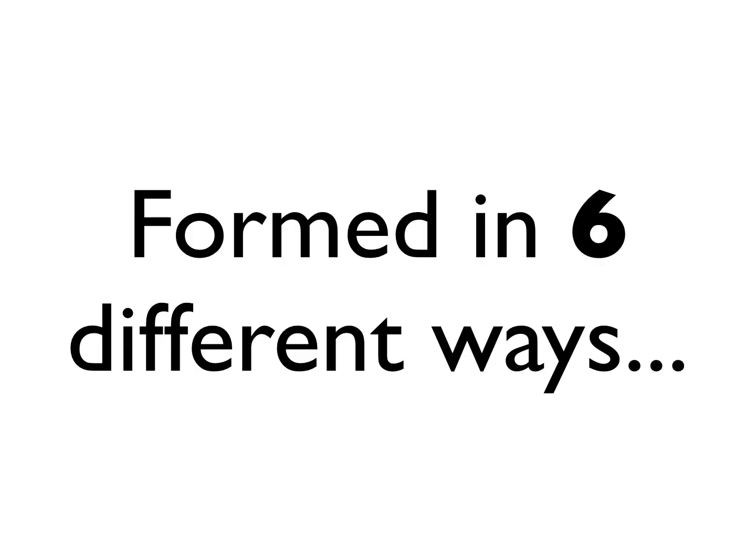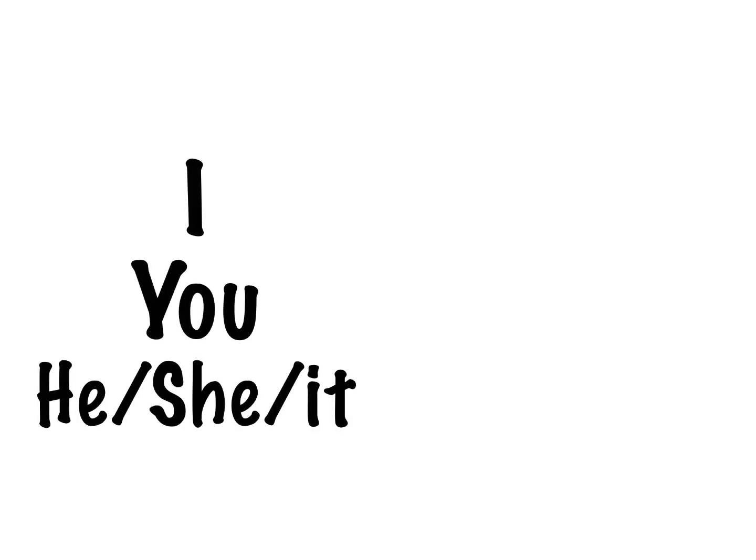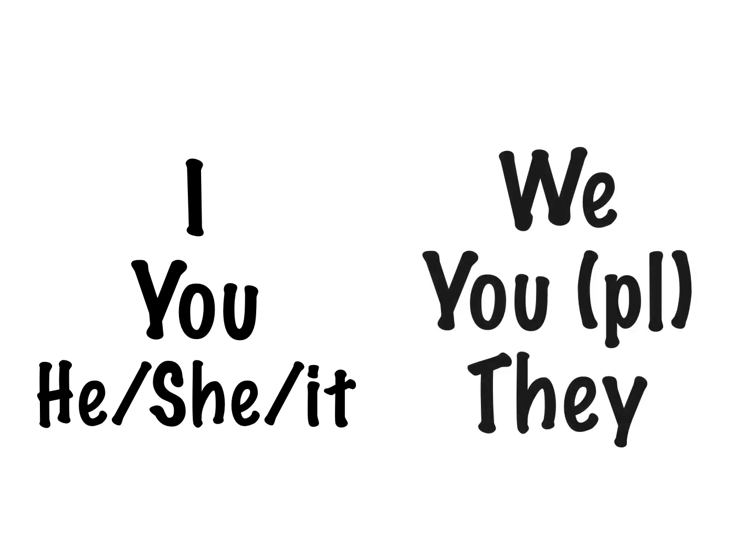And these verbs in Spanish are formed in 6 different ways, just like we form our verbs in English. What does that look like? Well, we form verbs in English in this order. I, you, he, she, it, we, you plural, they. Just say that little rhyme for yourself.